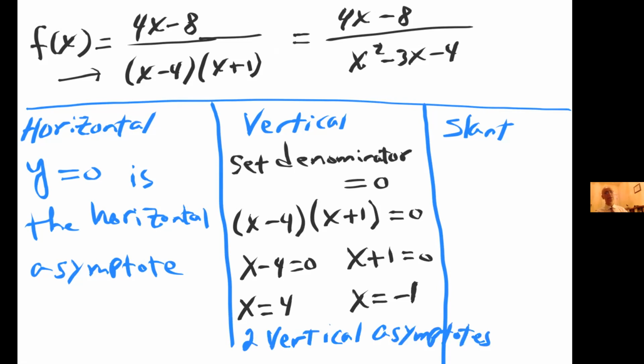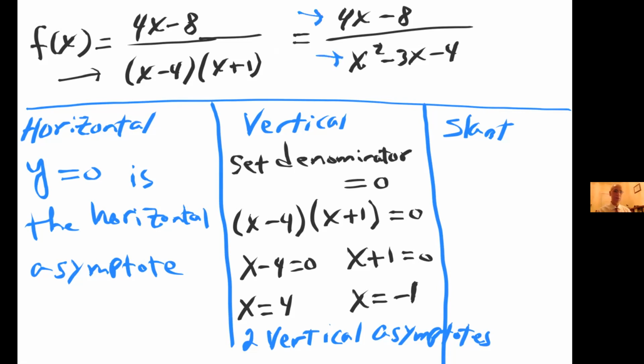This graph doesn't have a slant asymptote. Remember that to have a slant asymptote, the degree of the numerator must be higher by 1 degree, and the degree of the numerator is not higher than the degree of the denominator.